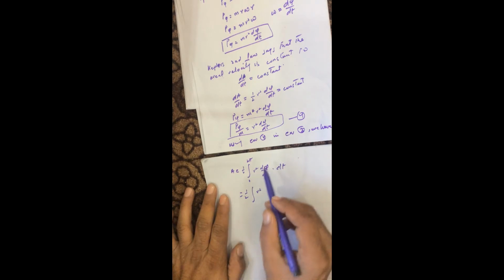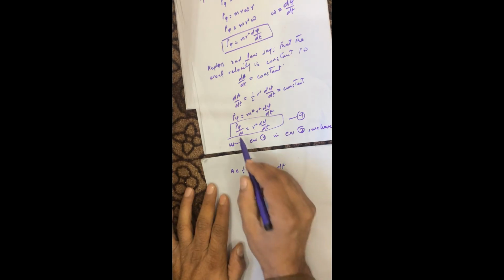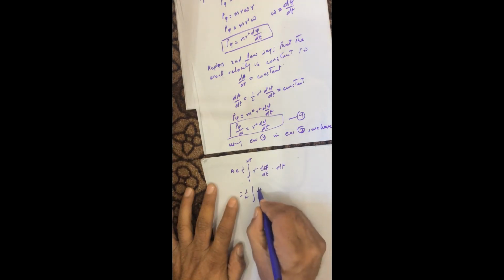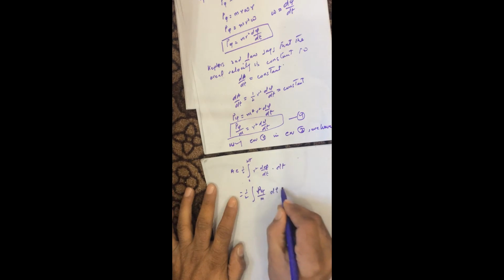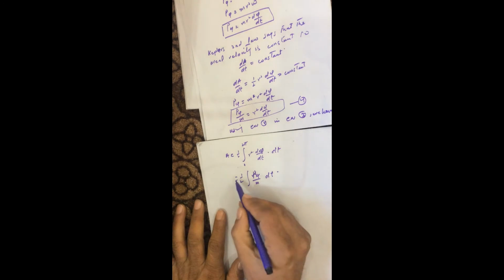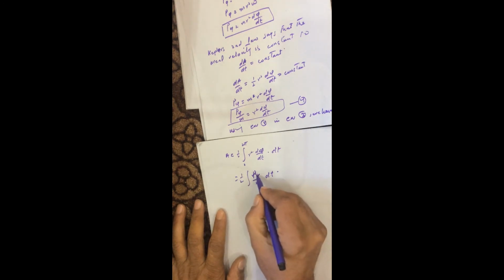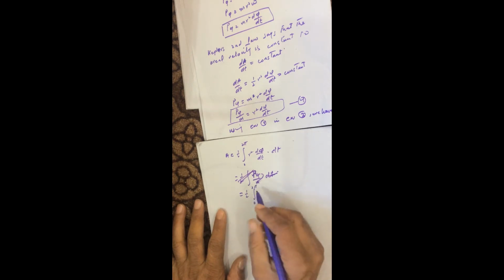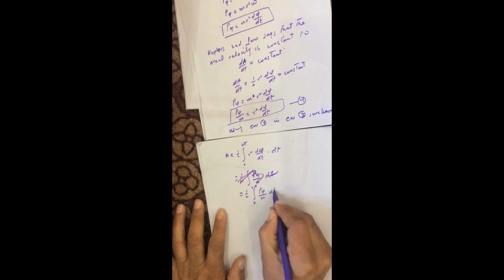This is equation number 3. So instead of r square d phi by dt, I will put p of phi divided by m. So we have p of phi divided by m into dt. So this is 1 over 2 integral from 0 to 2 pi of p of phi over m into dt.